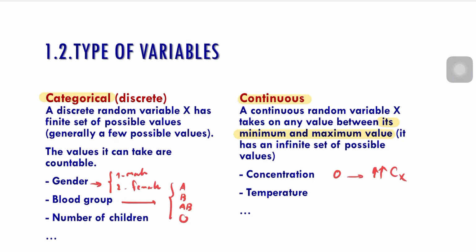It is an infinite set of possibilities. Temperature can start from a negative value up to positive infinity. Maybe some of them we can reach and some we cannot, for example 1 Kelvin, 0 Kelvin, 1 degree centigrade, or -300 centigrade.